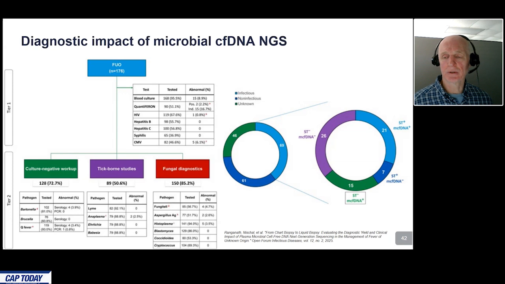There was partial agreement, but some discrepancies, in 7 patients. And then the Karius test was the only diagnostic platform that was diagnostic of the true cause of fever in 15 patients in that cohort. So 2/3 of their patients were ultimately diagnosed by microbial cell-free DNA sequencing.